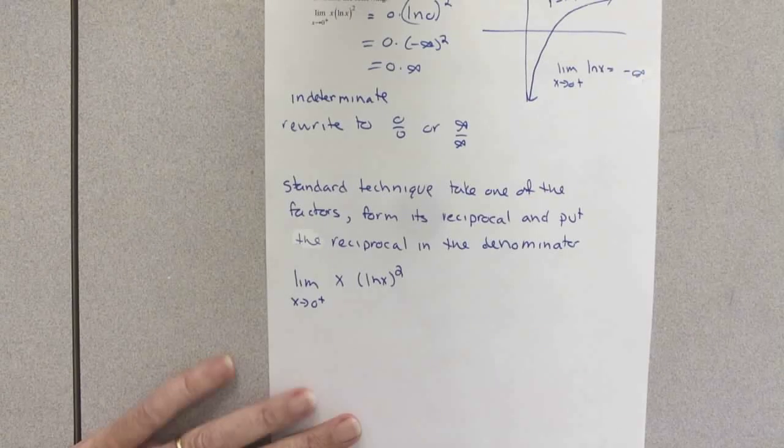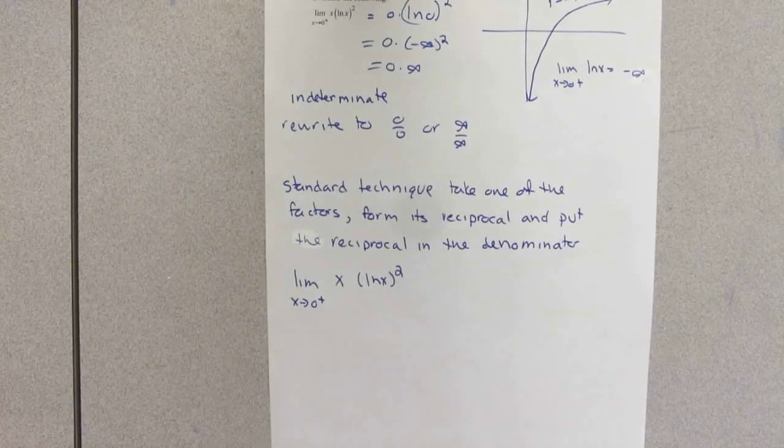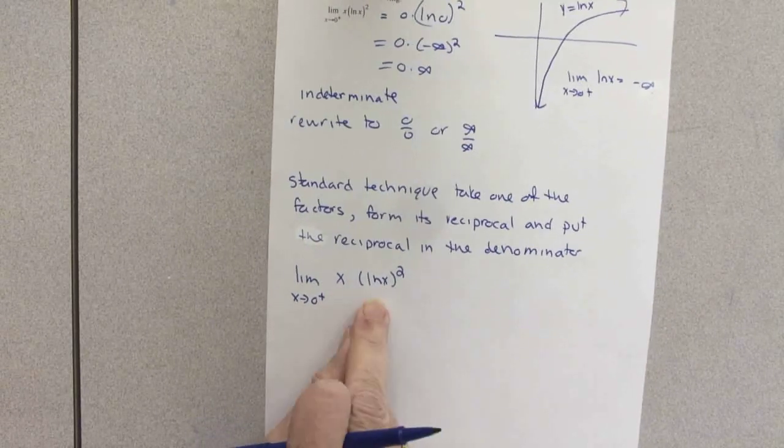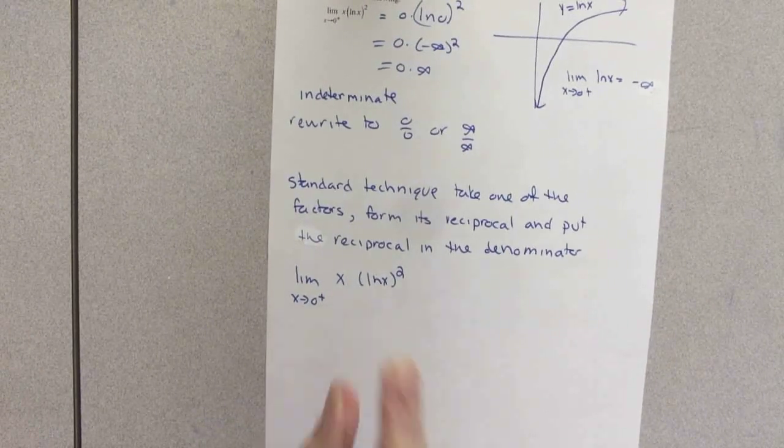So there's my problem. x times log x quantity squared. Got two factors. I actually got three, but we'll count this as one factor here. I've got x, natural log of x quantity squared. I pick one of the factors. You pick whichever factor you think will be easiest to work with. So I'm thinking about x, I'm thinking about log x squared. I think x is way easier.